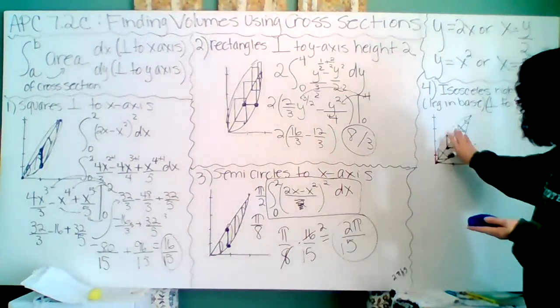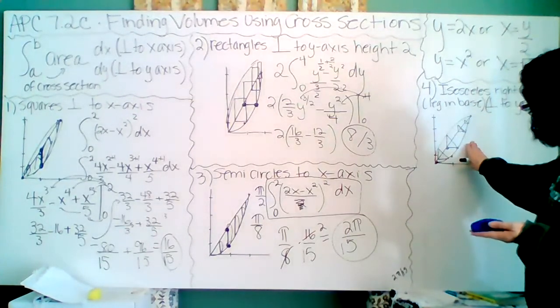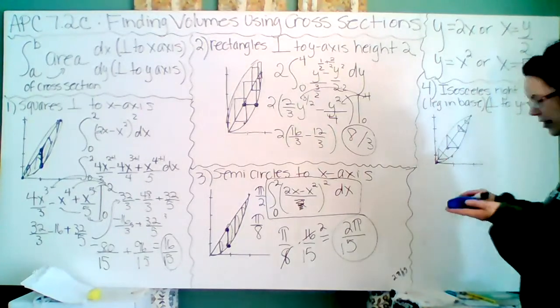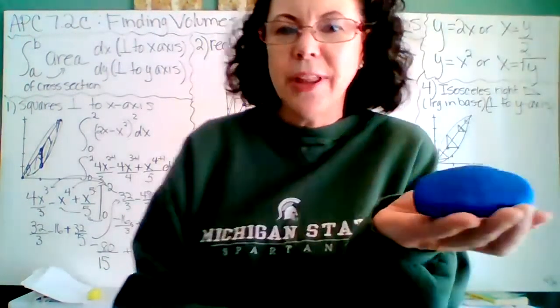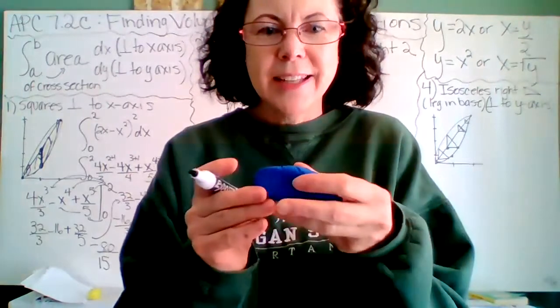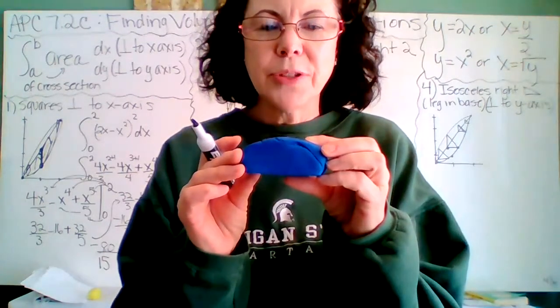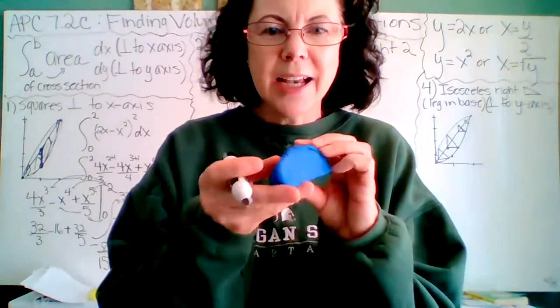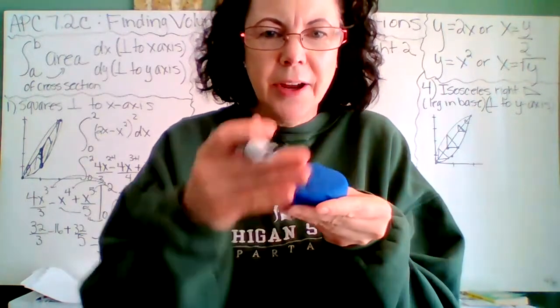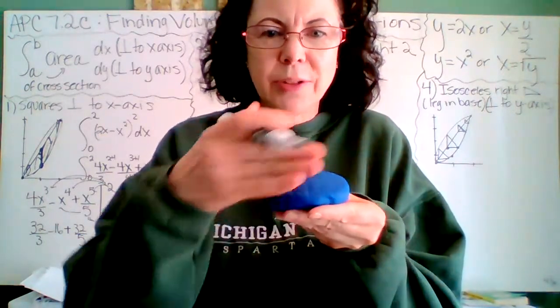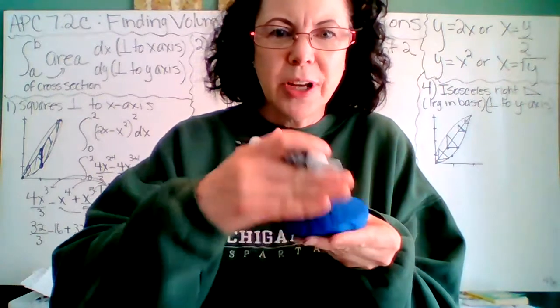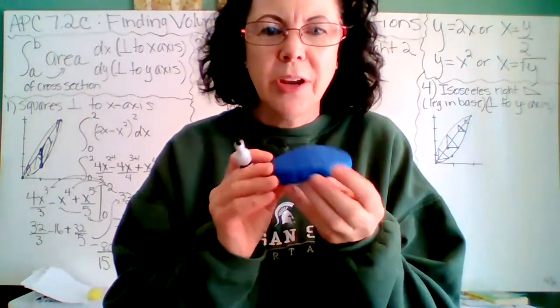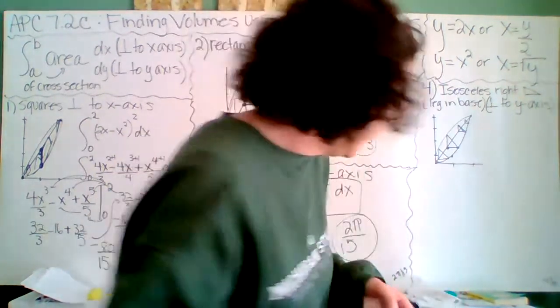Then on the right, towards the parabola, it slopes down in a straight line and hits it. Here's the y equals 2x, and it has this height. On the parabola, y equals x squared, I tried to make a straight edge down to it. So we are trying to find this volume.